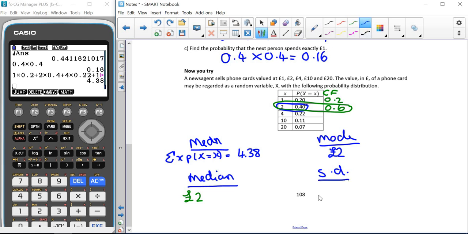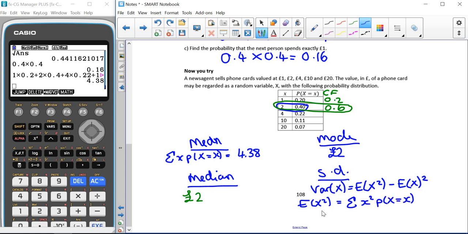For the standard deviation, remember that we have to start off with the variance, which means that we're doing E of x squared minus E of x all squared. So for our E of x squared, remembering that we're doing the sum of x squared times the probability of x equaling x for each one of these.